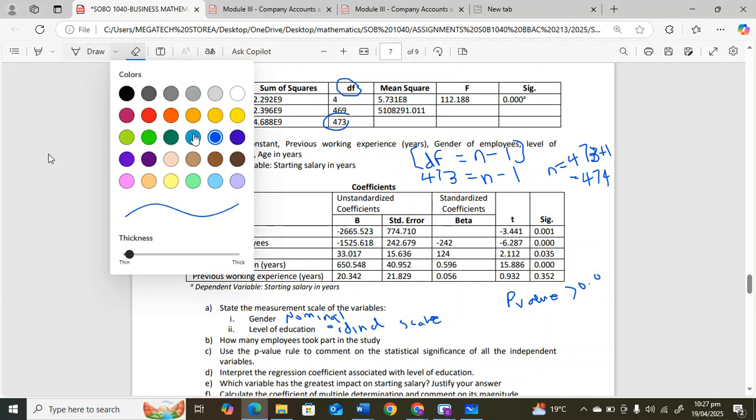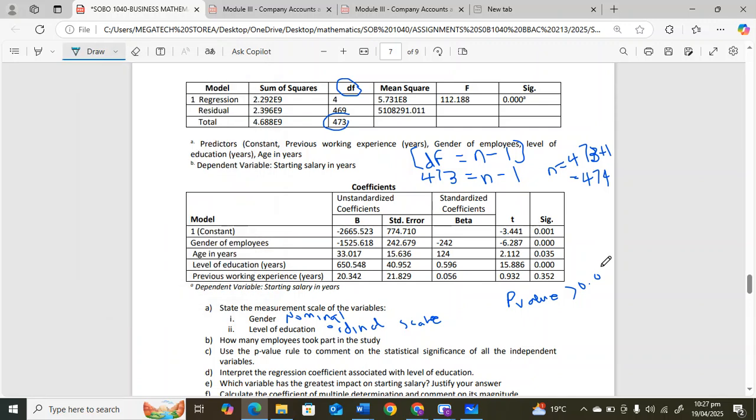Then if your p-value is less than 0.05, then your results are not due to chance and they can be trusted. That is the p-value rule.